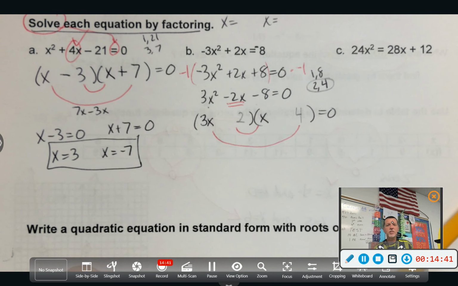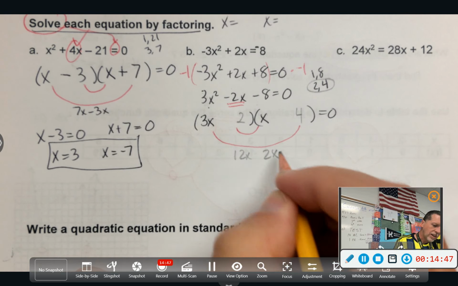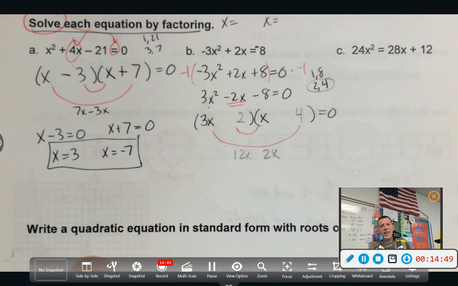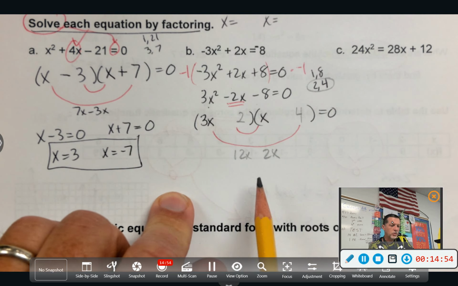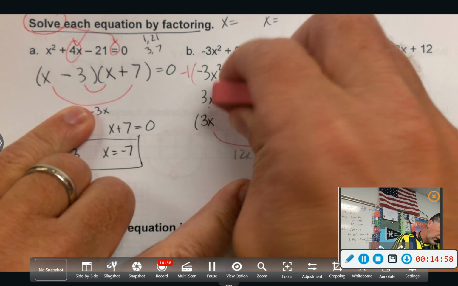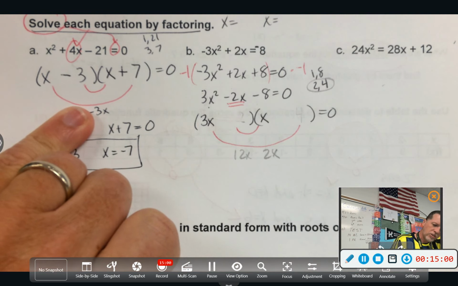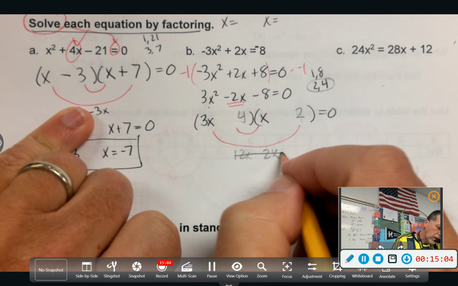But almost as soon as I write that, I'm like, wait a minute, that's 12x and 2x. So even before I start thinking about the signs, I'm not getting 12x. I'm not getting 2 out of 12 and 2. So 4 and 2 can't go there. If I switched them though, maybe, go 2 and 4.